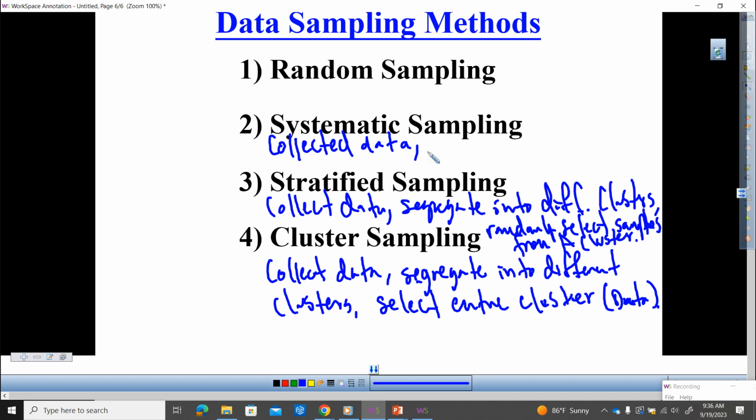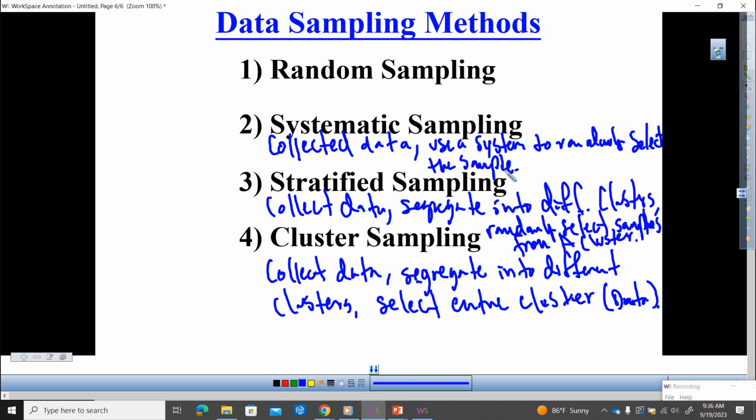No. What did I do in order to get my data that I'm going to use? I used a system to randomly select the sample.